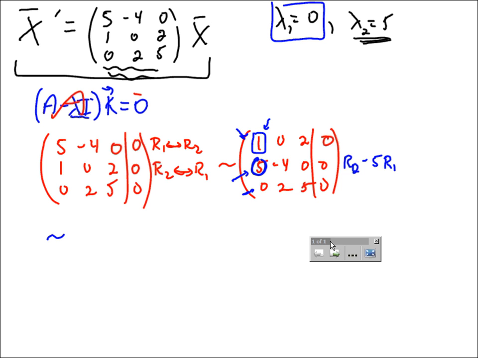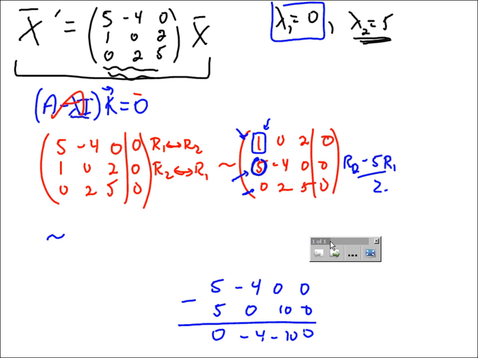So now, here is row 2. Here is 5 times row 1. And if I subtract, I get that. And I'll even divide it by 2, which will give me 0, negative 2, 0, 2, 5, 0. So row 1 did not change. Row 2 became this.